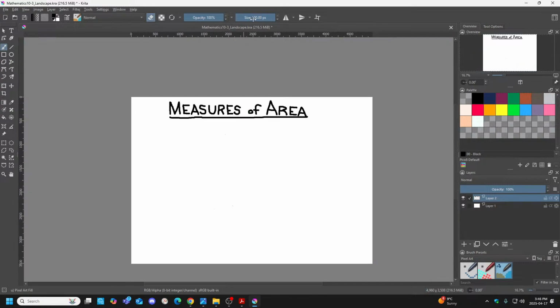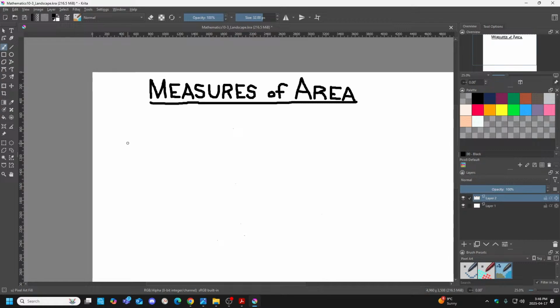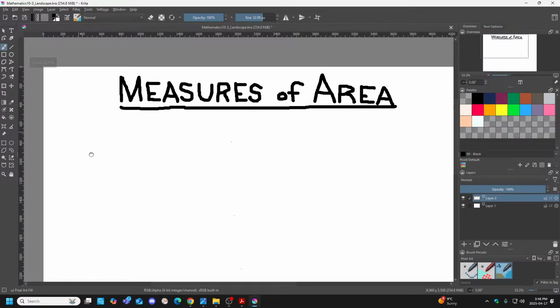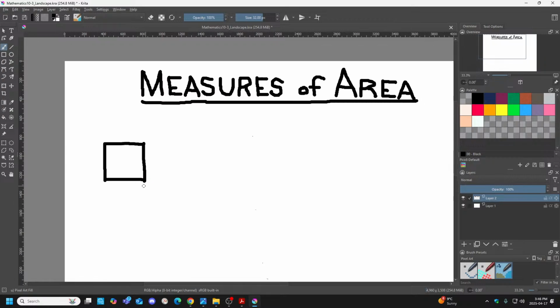Okay. 32. All right. So we are working on measures of area, unit 3, I guess. Finding conversion factors, okay? Learning how to convert stuff, using the old brain molecules. Okay, it's called thinking. All right.